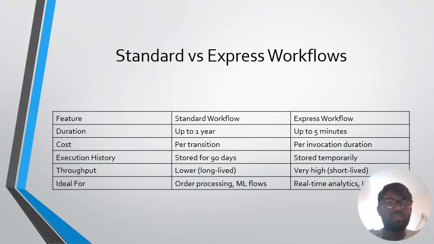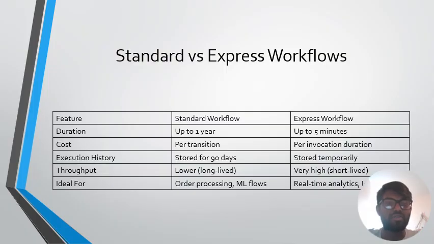We need to know the difference between standard and express workflows. Duration for a standard workflow is up to 1 year, and express is up to 5 minutes. Cost is per transition for standard and per invocation and duration for express workflows.